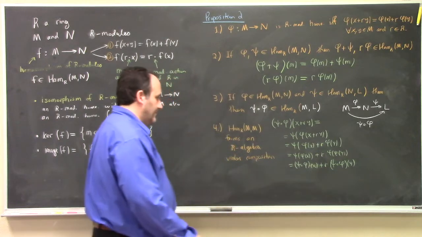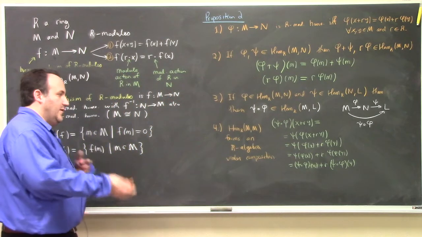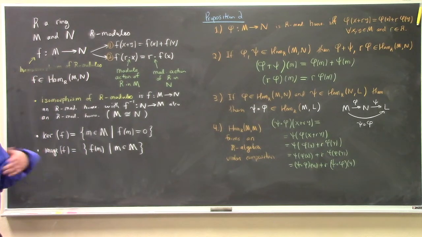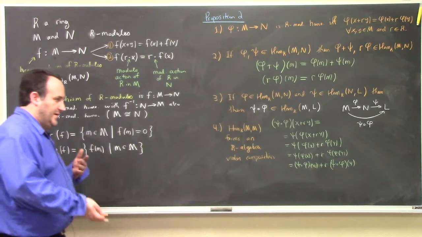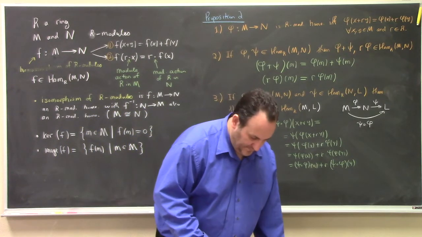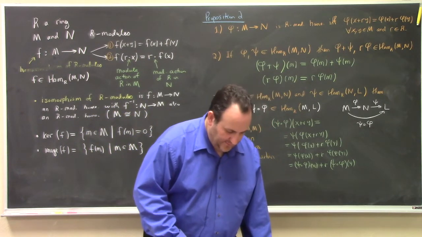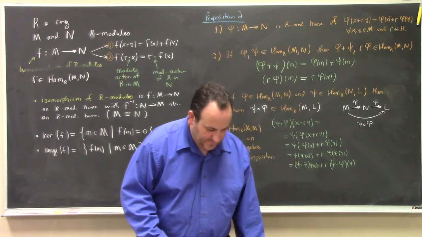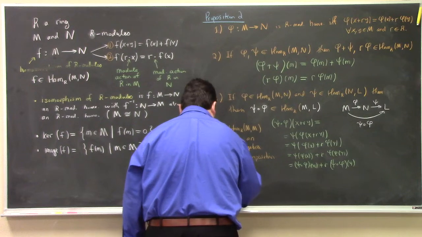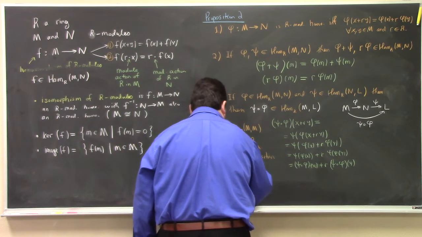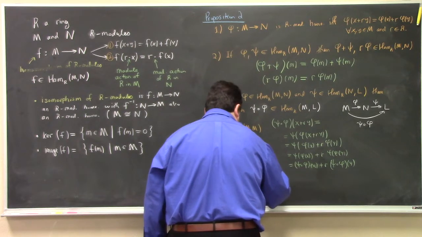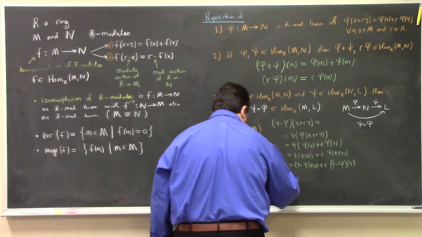If you take two R module homomorphisms from M to M and you compose them, you get another R module homomorphism from M to M. And so forth. In fact, the last example has a name. This is called a definition: the R endomorphisms of M.